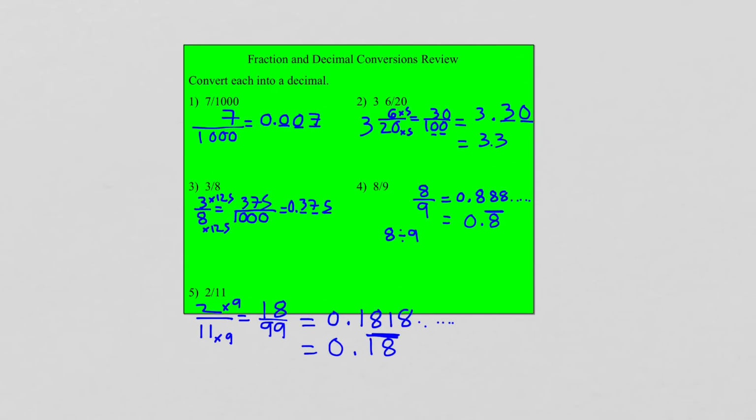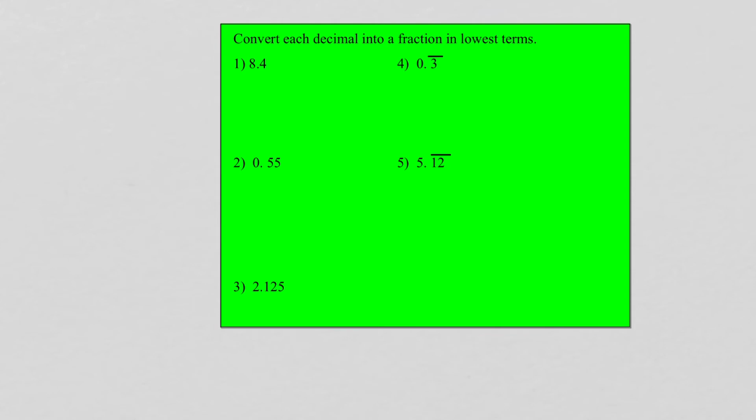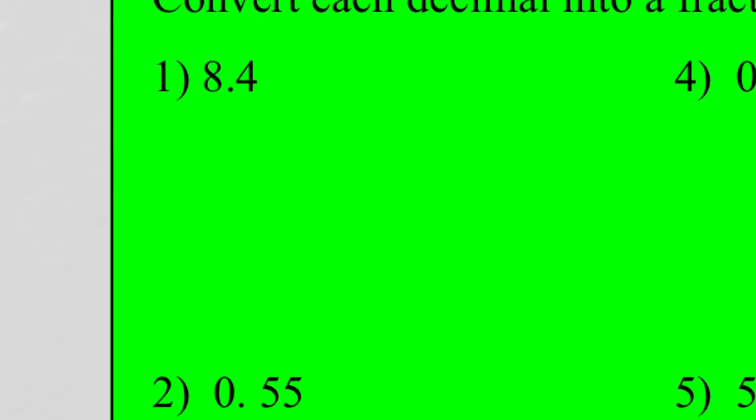We started converting fractions to decimals. Now, when we started remote learning this week, we started taking decimals and converting them to fractions. And we started with terminating decimals. This one here, whole number 8. The digits behind the decimal become the numerator, so this one's a 4.